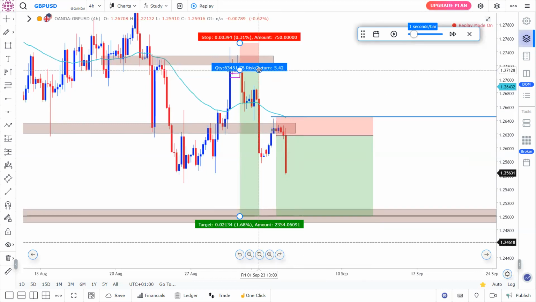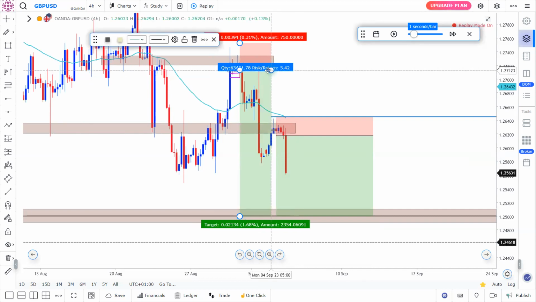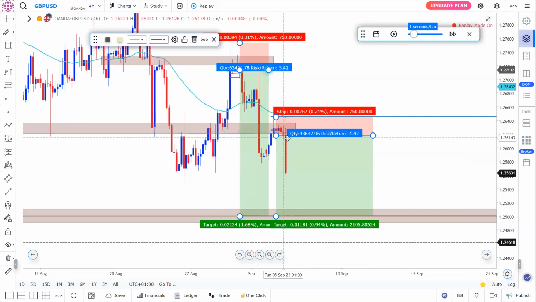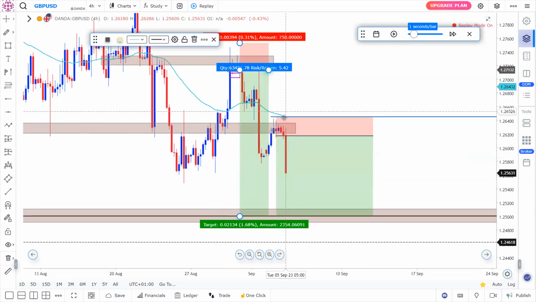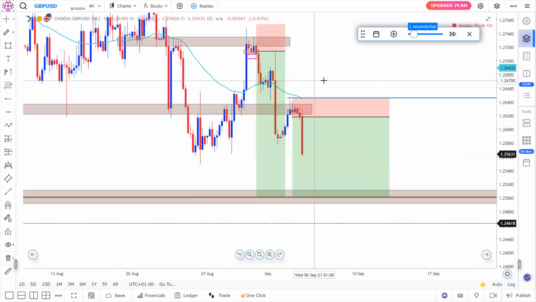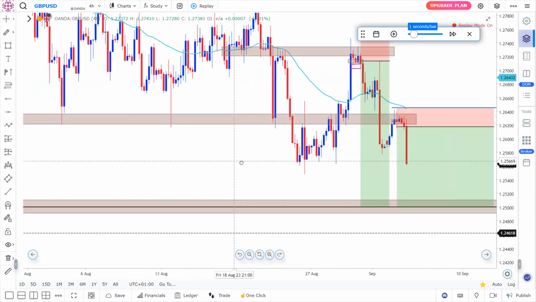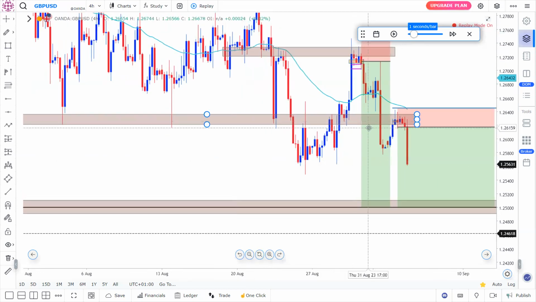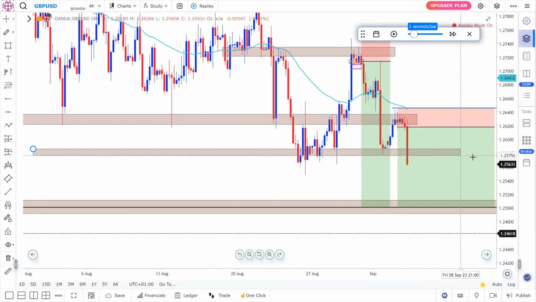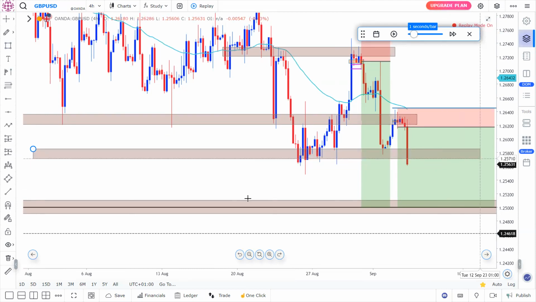So I had the first trade position now completely risk-free, and then the second trade position now in deep profits. And now clearly the 4-hourly time frame had a sell-off that led to yet another break of market structure.